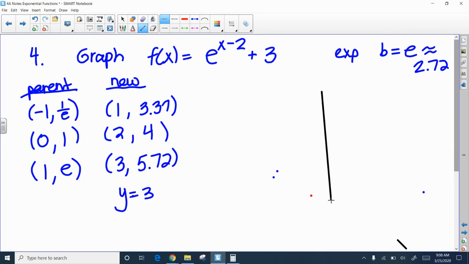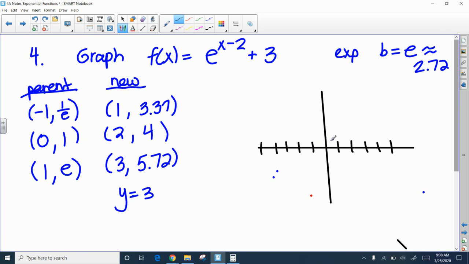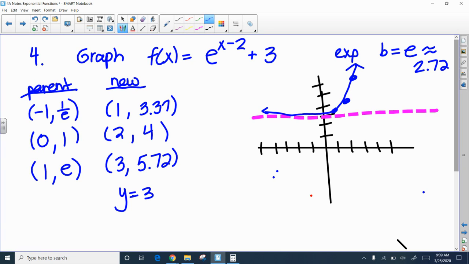So if we graph that, all right, our asymptote is at y equals 3. And then if we plot our points, this one is still exponential growth like that. All right, so there's what our graph looks like.